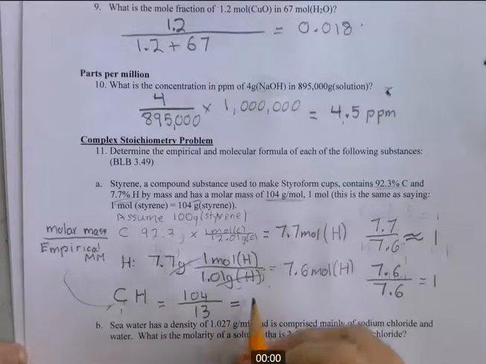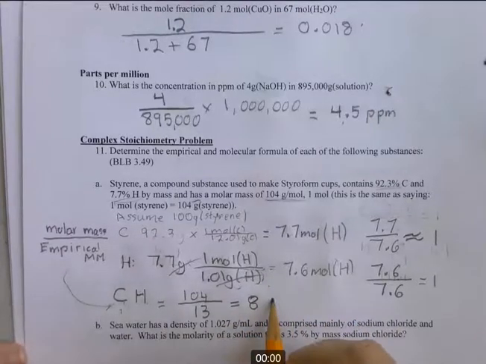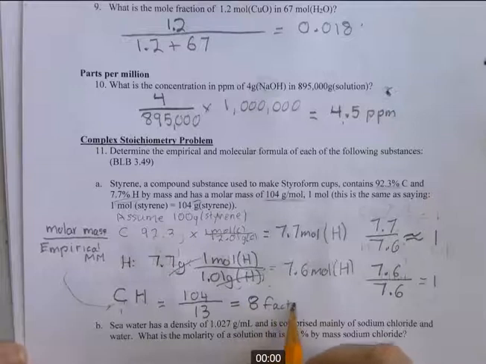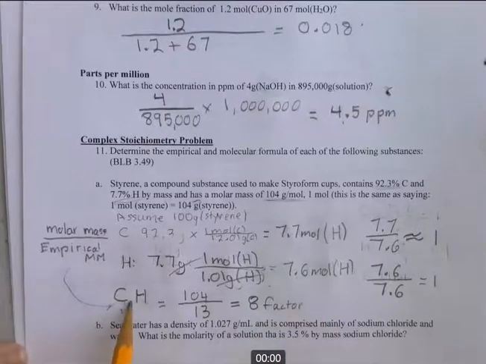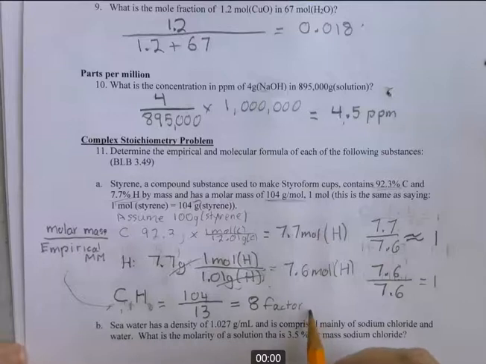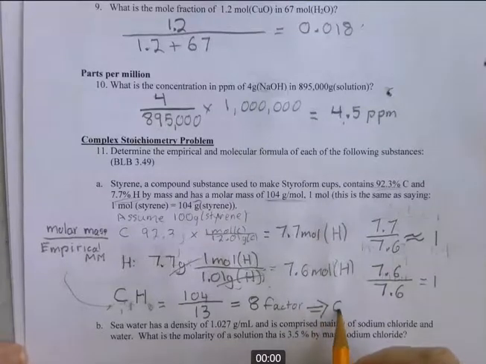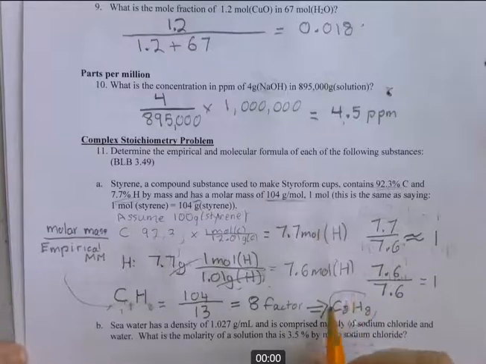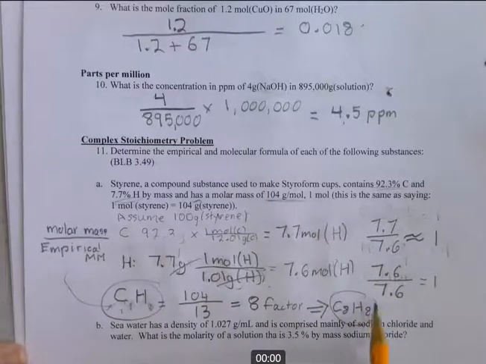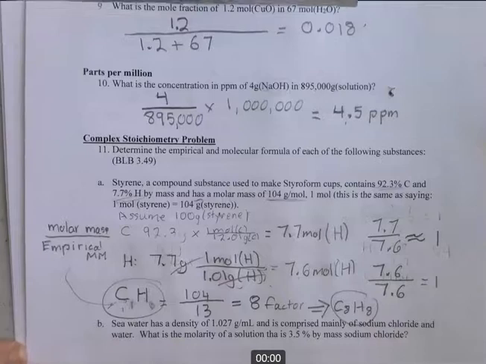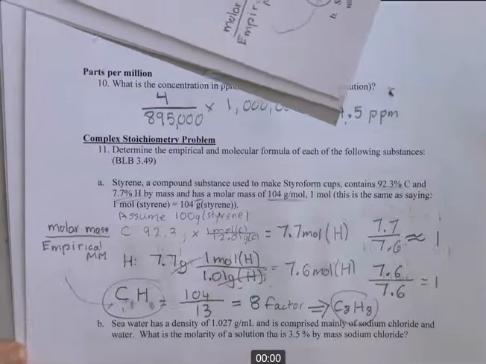It is 8. That's what you call the factor. What that means is each of these empirical formula subscripts, there's ones there even though you don't write them, you're going to multiply by 8. So the molecular formula is C8H8. So there's the empirical formula and there's the molecular formula, the actual formula of that actual molecule.